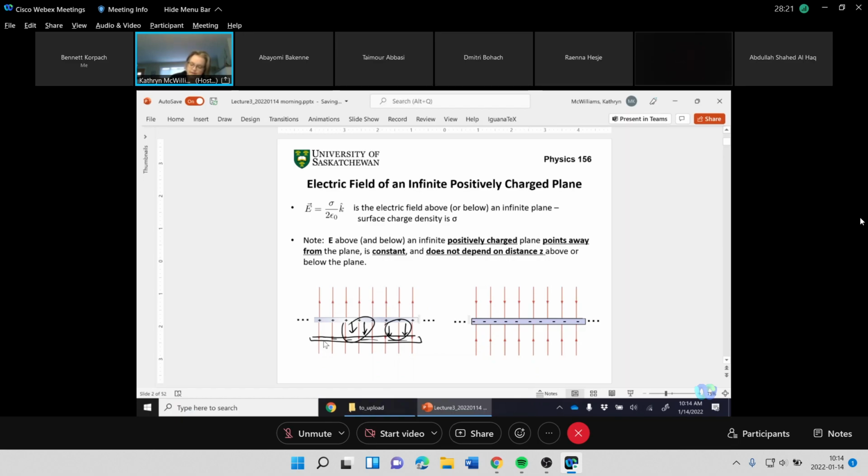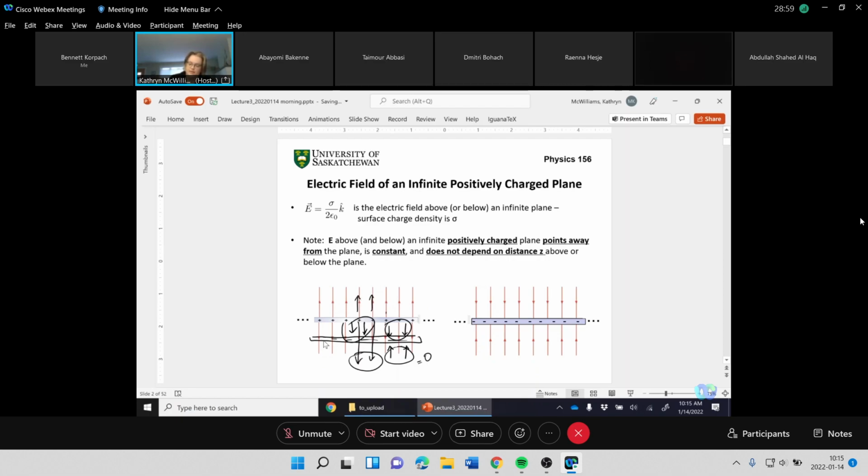Outside the region between the plates, the electric field cancels out. If the charge density is the same on both, it cancels exactly. So these two cancel each other out, and the electric field magnitude outside is 0. The same happens above the positive plate. So the positive plate has the electric field lines pointing away from the positive plate.